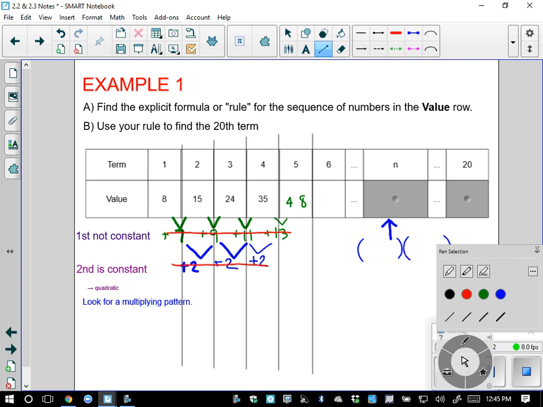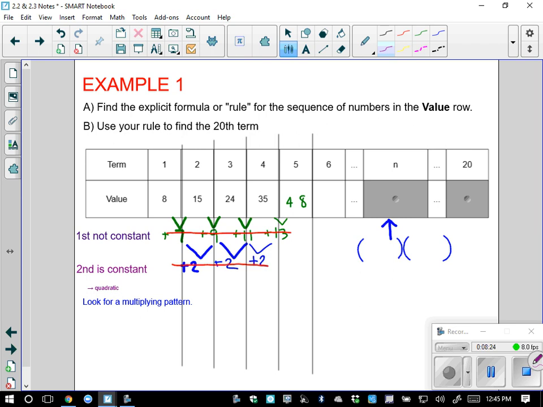And instead of using the value numbers, we're going to try to find a multiplying pattern. So what I mean by that is, instead of using 8, I'm going to find ways to get 8 in a product.